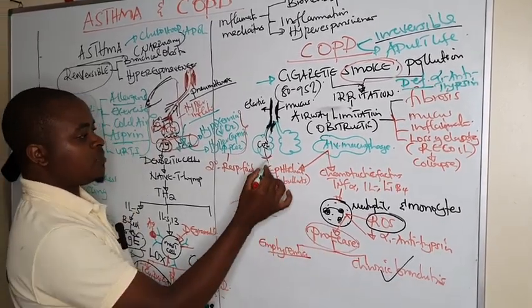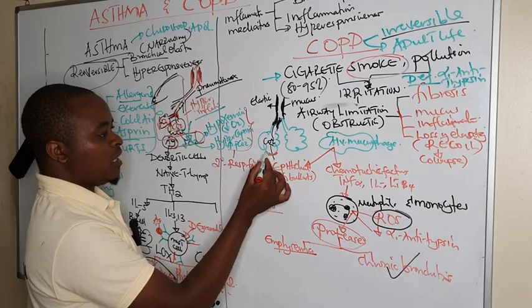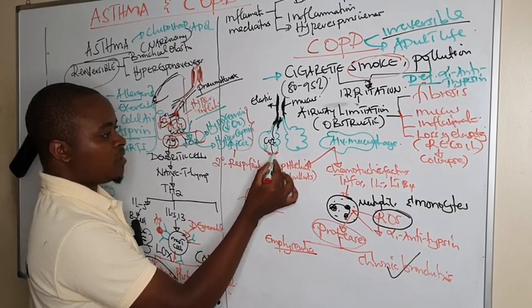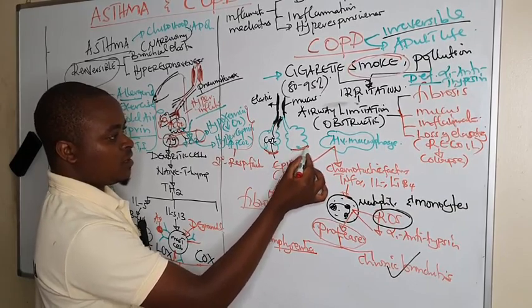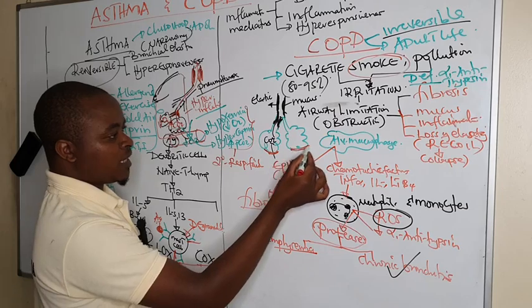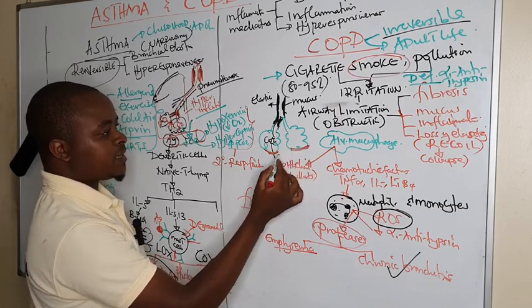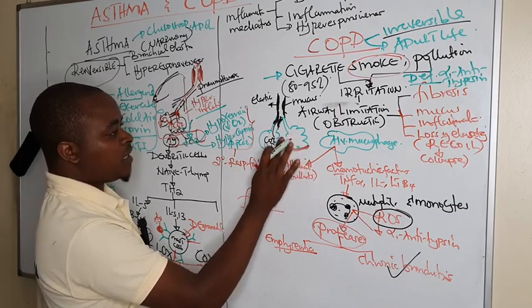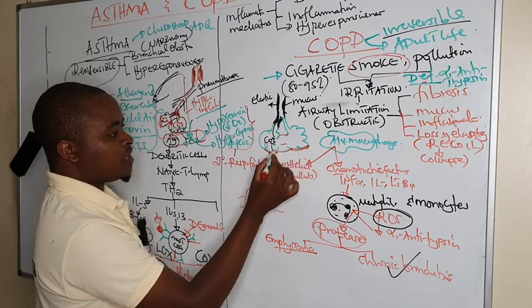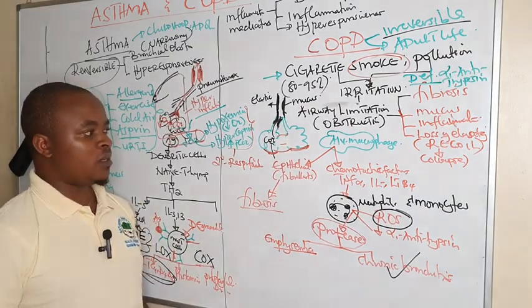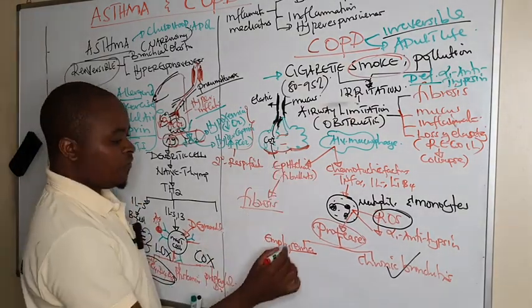The proteases begin to destroy the alveolar walls, losing their elasticity, and they later lose their expansibility, and sometimes they become one. So you see the air sacs increasing in size under chest X-ray. And this is what we call emphysema.